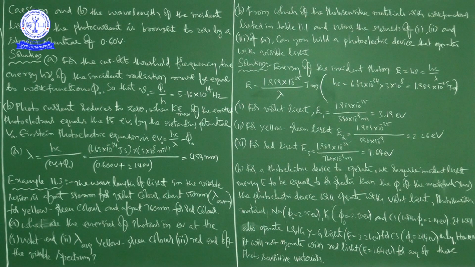When do photoelectrons come out from a metallic surface, and when will photoelectrons not come out from the metallic surface? This and all we studied. So based on that, and based on the values of work function given for some materials from table 11.1, he is asking, can you build a photoelectric device that operates with visible light?